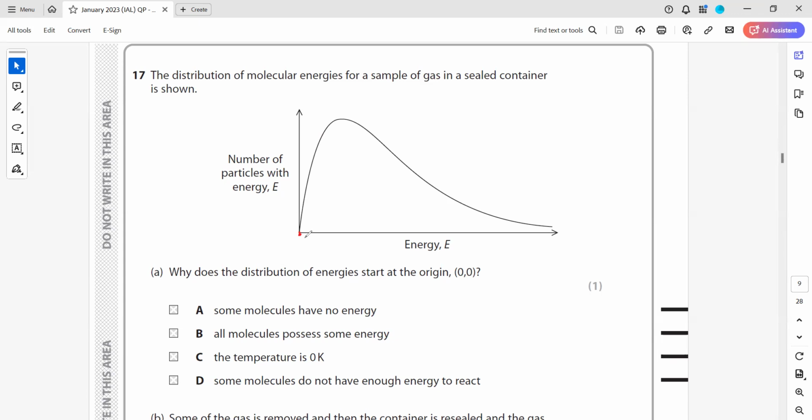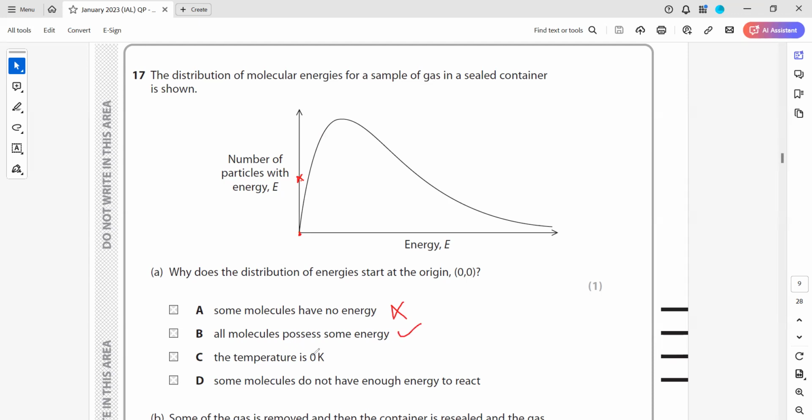If we don't have a particle, there is no energy. But if we have even one particle, some molecules have no energy, that is wrong. If some molecules were having no energy, then the graph would start somewhere here. All molecules possess some energy. Some energy is always there.